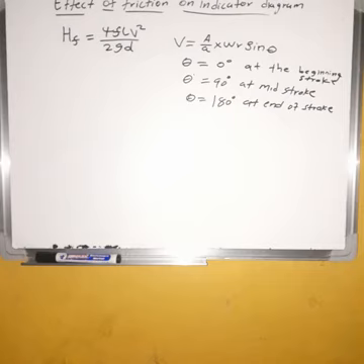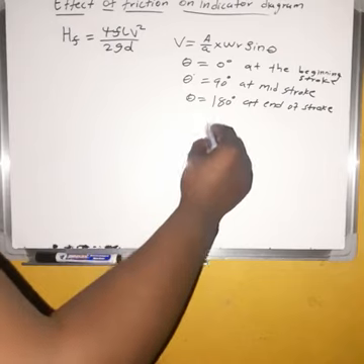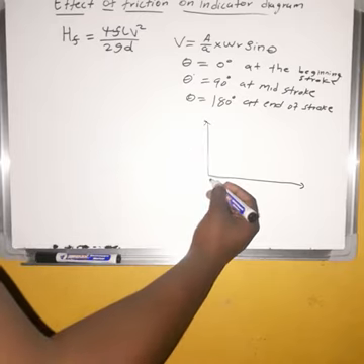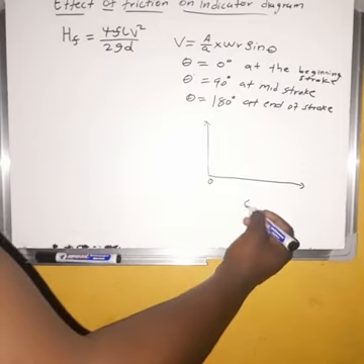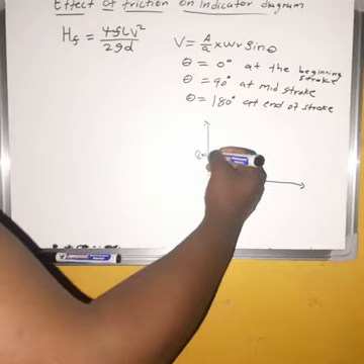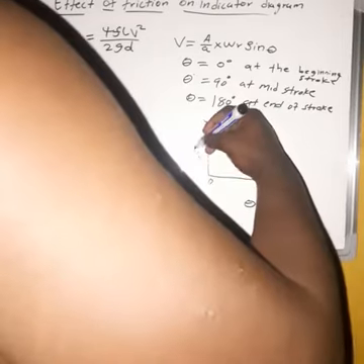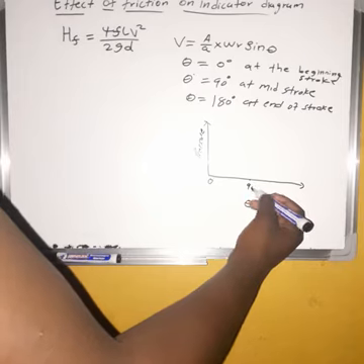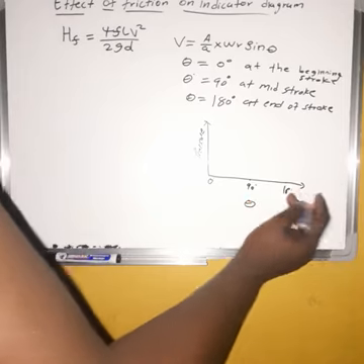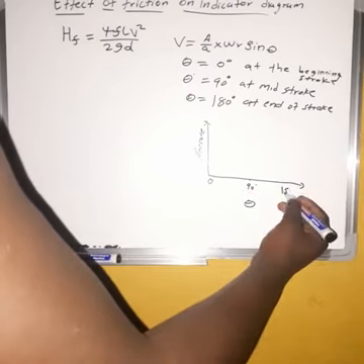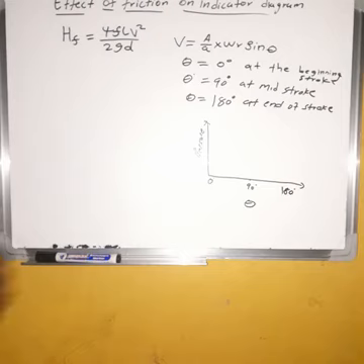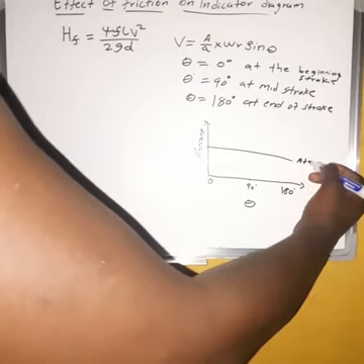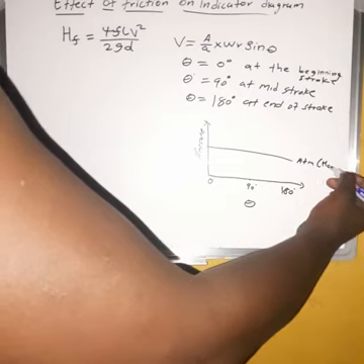Remember, if we have a diagram, our diagram is like this. Here we have theta, and here is pressure on this side. Here will be 90 degrees, and here 180 degrees. Here we have atmosphere, or HAT.